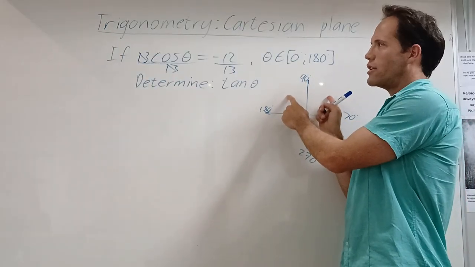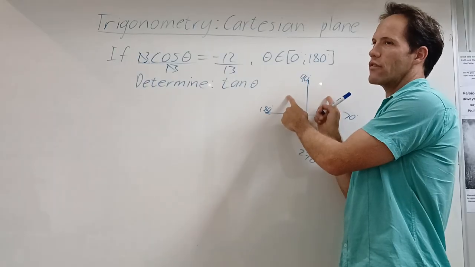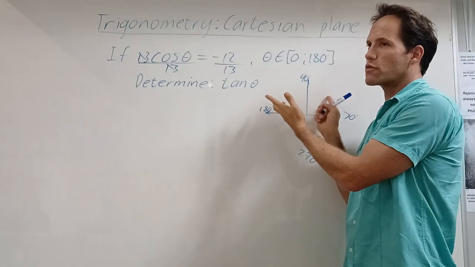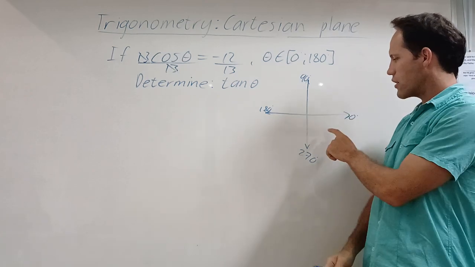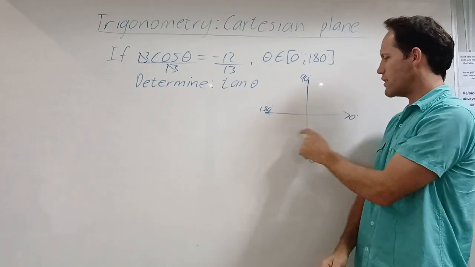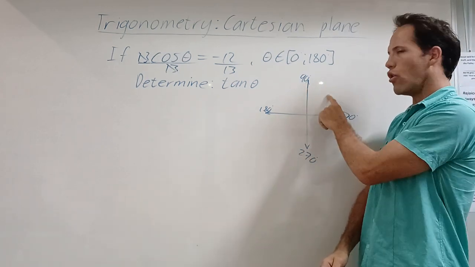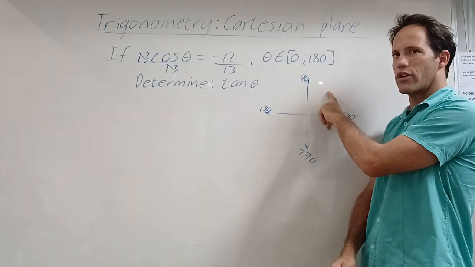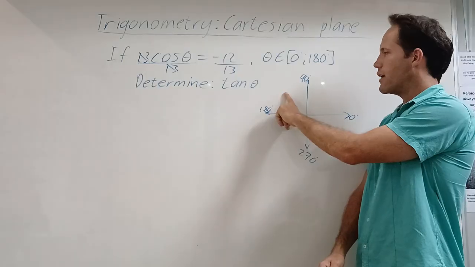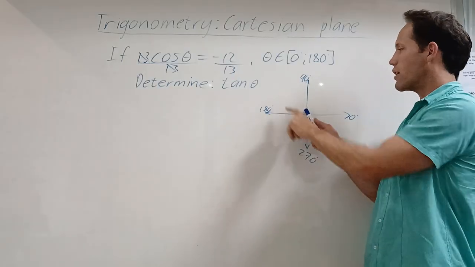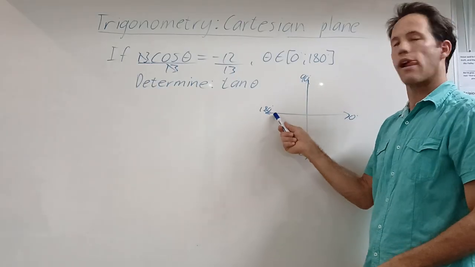So let's think, where is cos negative? Well, let's first say, where is cos positive? This side here and here. CAST: cos, all. So cos is positive in these two quadrants, which means cos is negative in the other two quadrants. So where are we going to draw the triangle? Over there or over there?